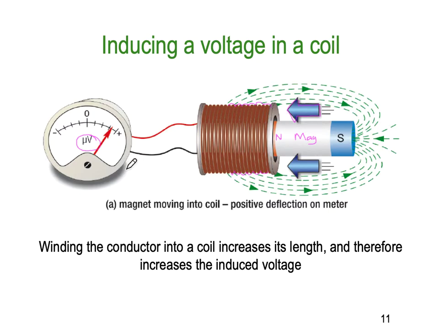So the winding of the conductor into the coil increases its strength and therefore increases the induced voltages, because basically we're picking up the microvolts in that coil, then the microvolts in that coil, and then the microvolts in that coil, and we're simply adding them all up. So that's what's happening. Each coil basically is a little induced voltage, all placed in series with each other, and they're all adding up.